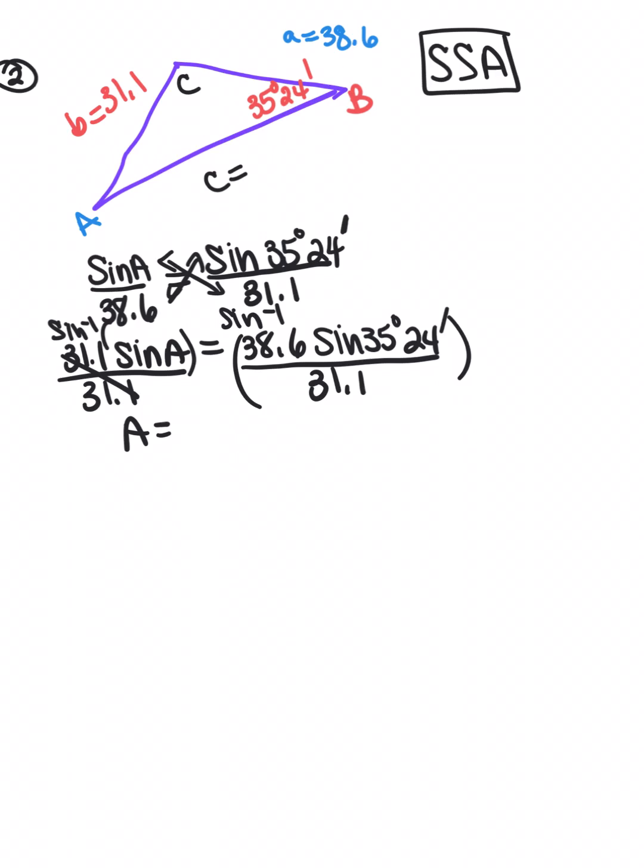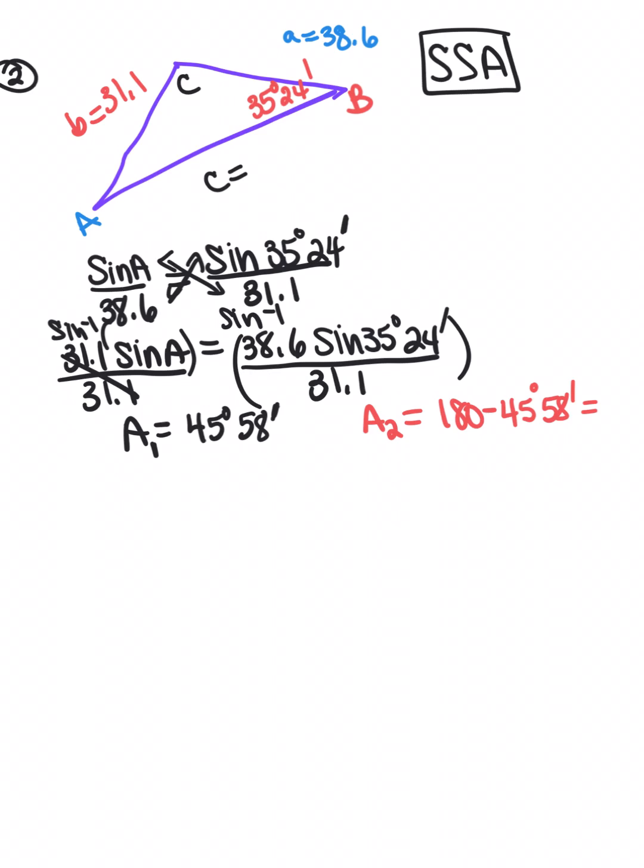We're going to change that to DMS, so we're going to hit second angle again and do option 4, which is DMS, which is degrees minutes seconds, and that will give me 45 degrees 58 minutes. So that's A1. So A2 is going to be 180 minus the 45 degrees 58 minutes.